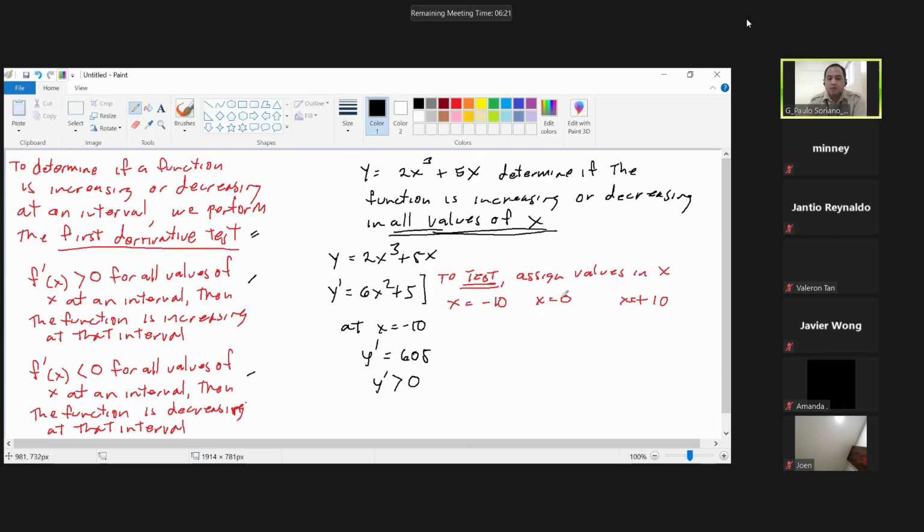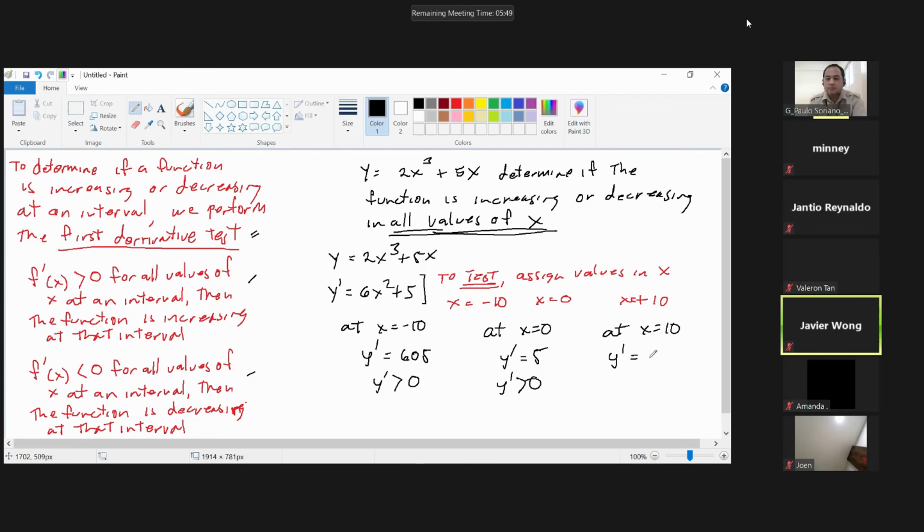Next, at x equal to 0, y prime is equal to what? 5, correct? And y prime is still greater than 0. Last, at x is equal to 10, y prime is also 605. That means y prime is greater than 0.